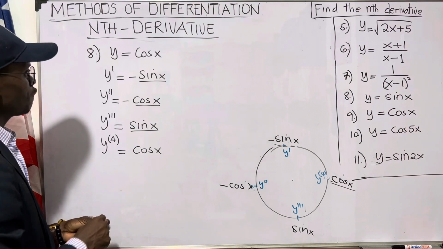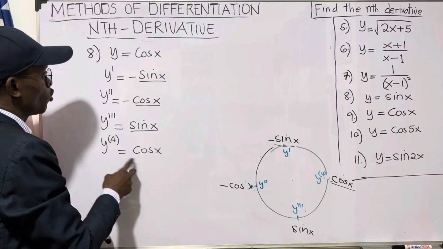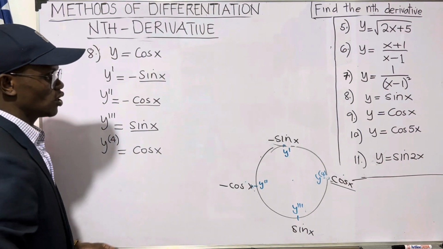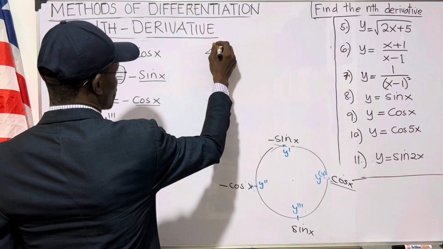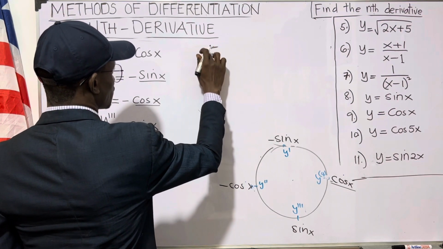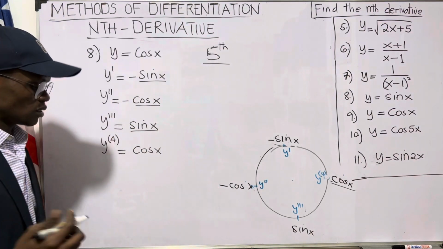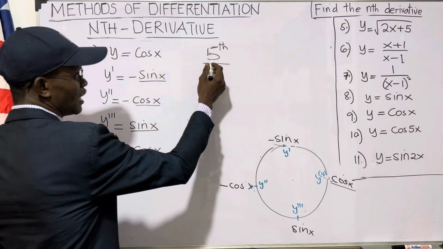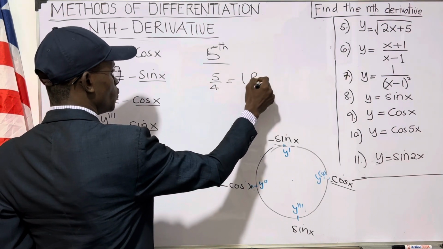So you see, for every fourth derivative, we go back to the original function cos of x. If, for instance, you want to find the fifth derivative, the only thing you need to do is divide 5 by 4. So it's 1 remainder 1.